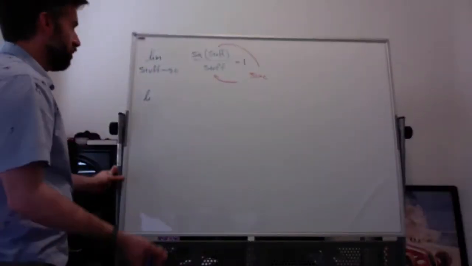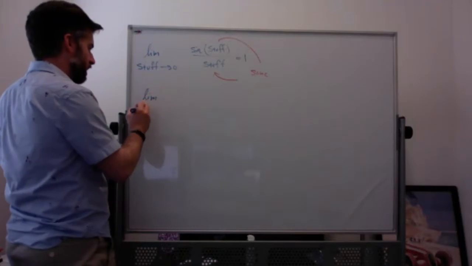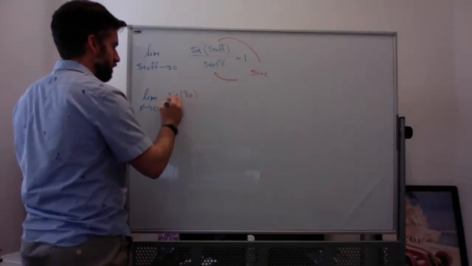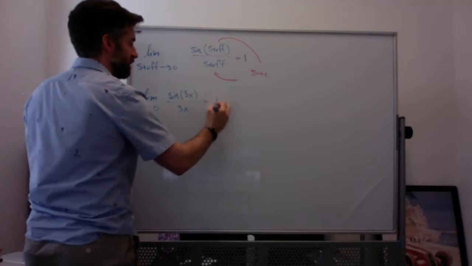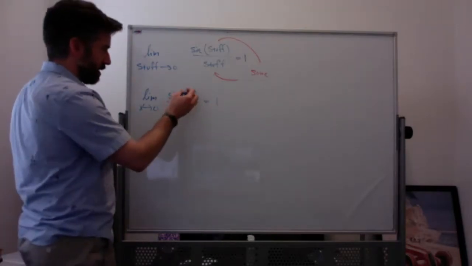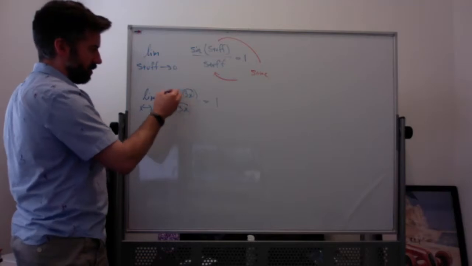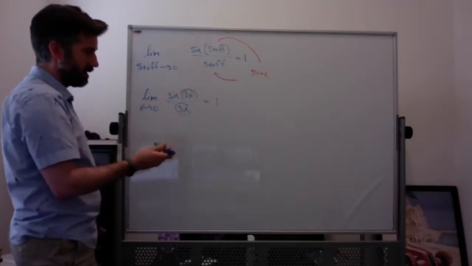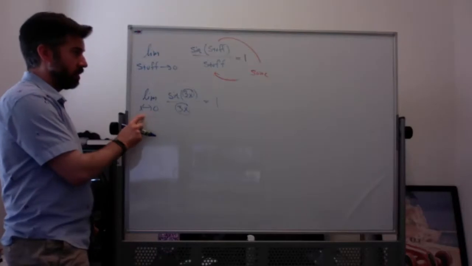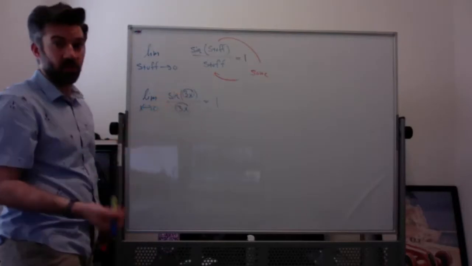So for example, the limit as x goes to 0 of sine of 3x over 3x is equal to 1, because 3x is both in the sine function and in the denominator, and 3x is going to 0. Because if x is going to 0, then 3 times x is also going to 0.